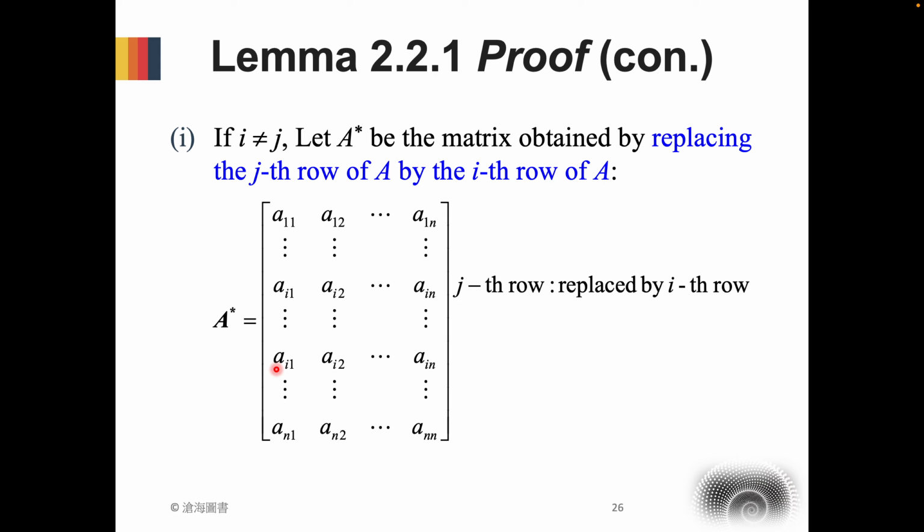And the original ith row here is ai1, ai2 to ain. We call this matrix A star.